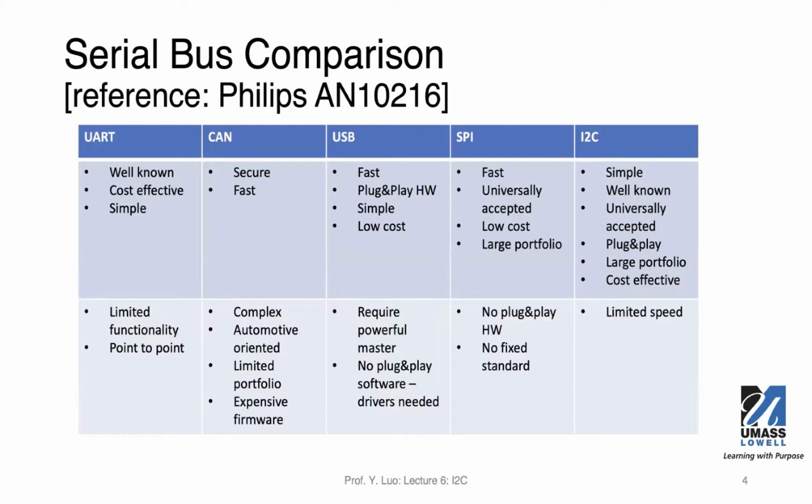USB is very popular, of course, not only in the embedded domain, but also in general purpose situations. This table qualitatively compares these protocols. These are rough comparisons and not very quantitative, but you can get a sense of which protocols are popular and why.